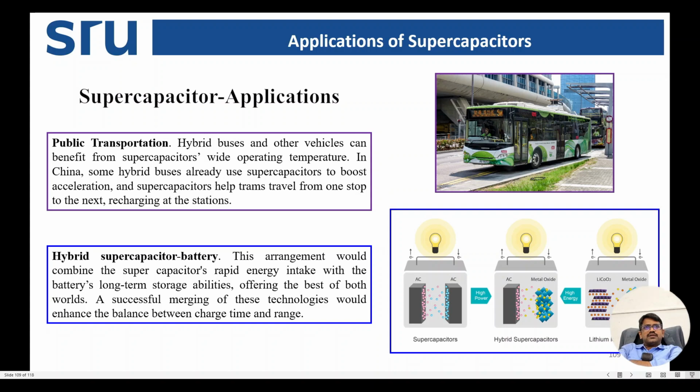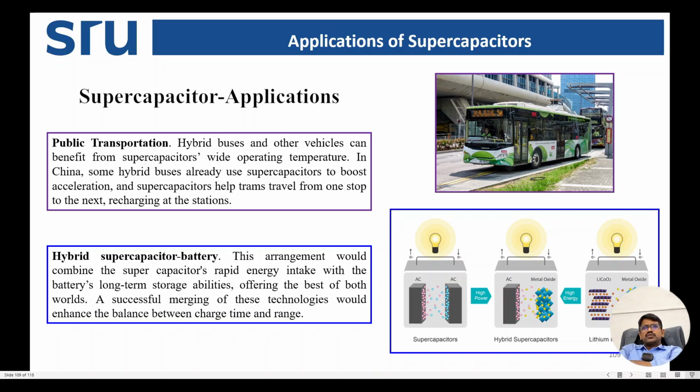Some hybrid buses already use supercapacitors to boost acceleration, and supercapacitors help the bus travel from one stop to the next, recharging at the stations. So it is already under usage.